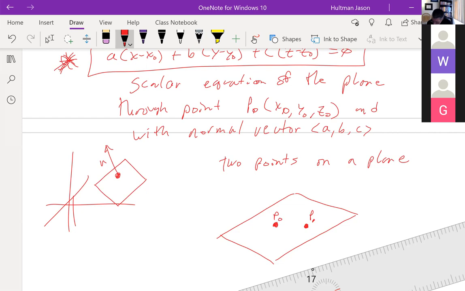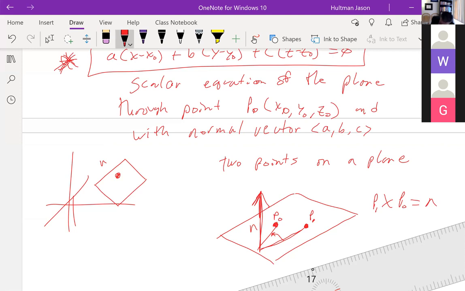Well, couldn't I just do a cross product here? P1 cross P naught. And wouldn't that give me a normal vector? And I don't need the normal vector to go through the point. I just need a point and a normal vector.